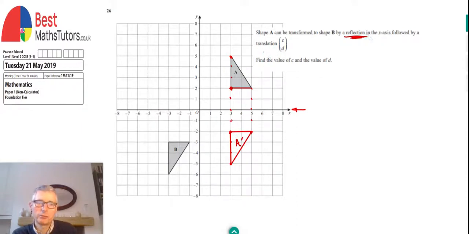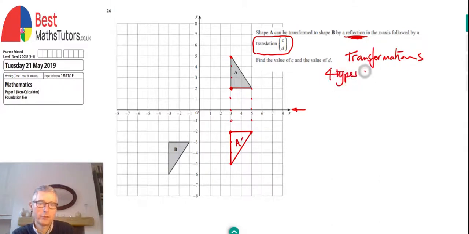And now, so that was a reflection we've just done. We're going to do a translation. A translation is a different type of transformation. For transformations, we've actually got 4 types. And those 4 types of transformation are a reflection.